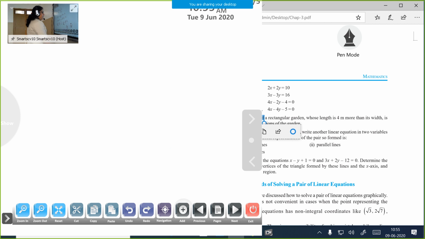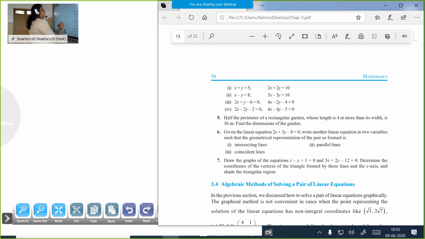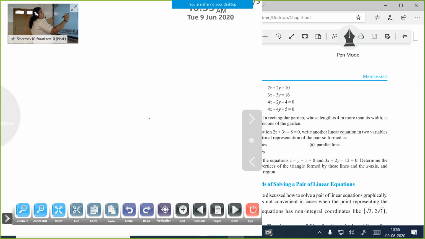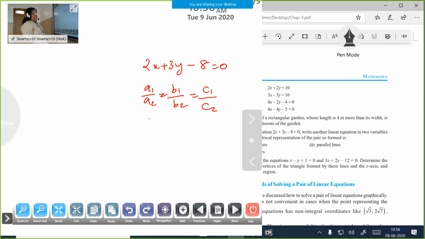Okay, next question. Next, we have to form coincident lines. Given equation is 2x plus 3y minus 8 is equal to 0. We know that for coincident lines, a1 by a2 is equal to b1 by b2 is equal to c1 by c2.